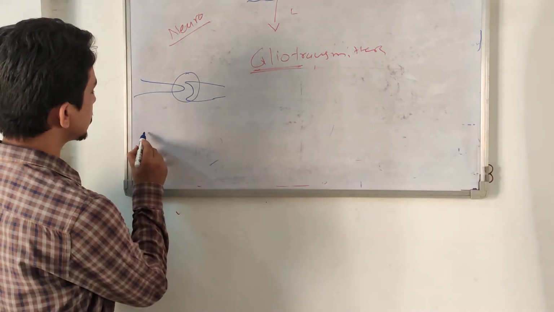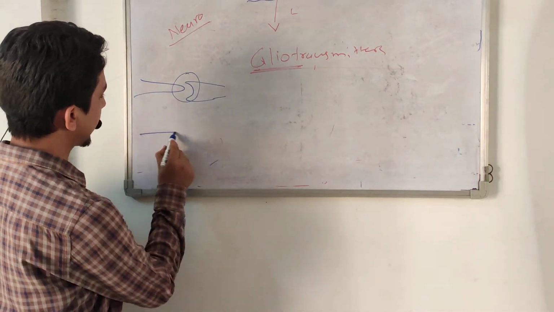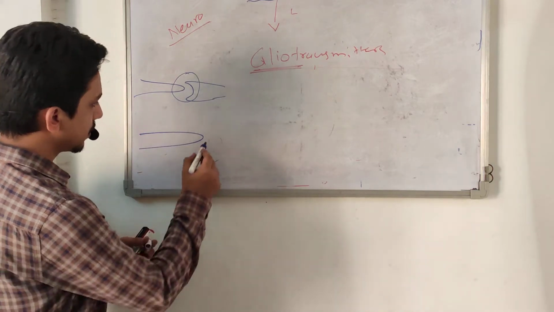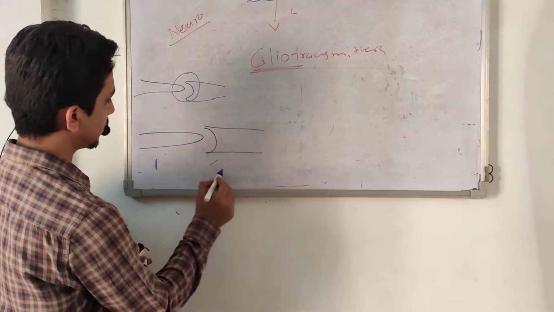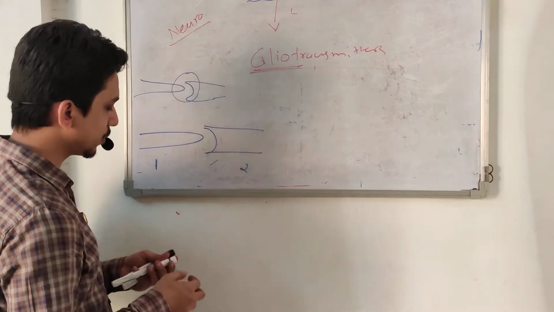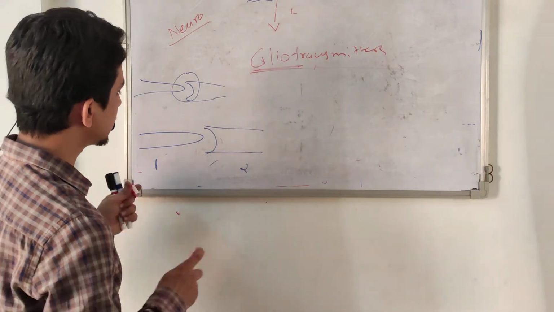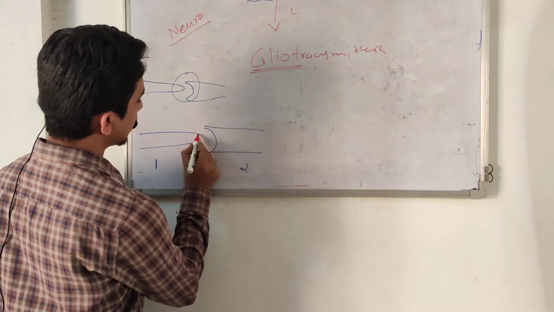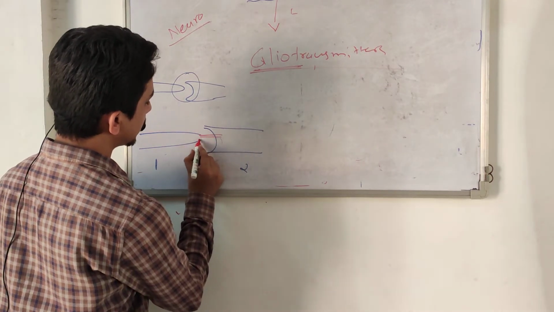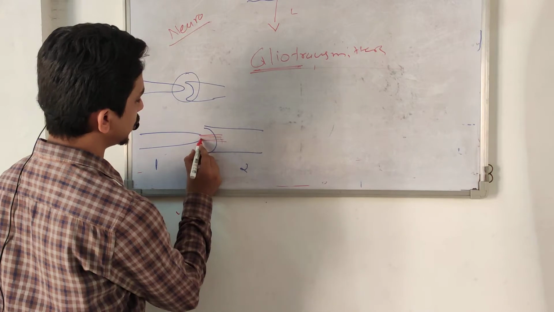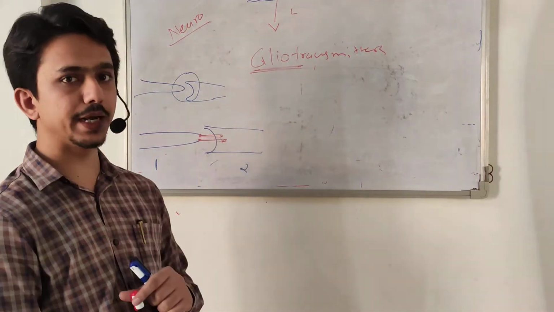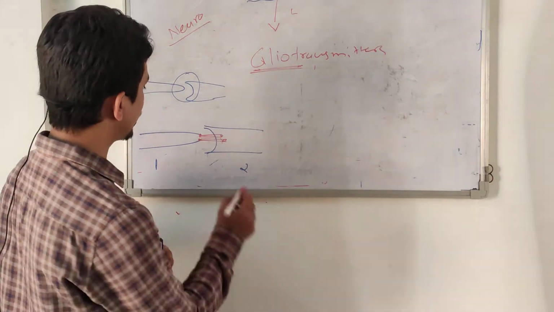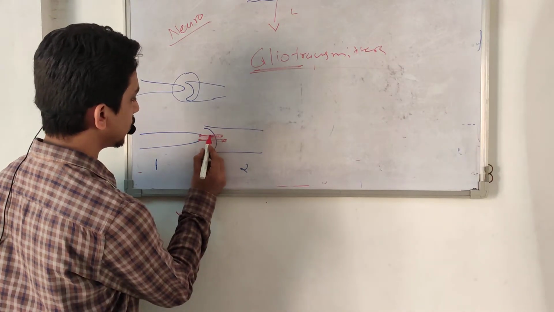But whenever there is no microscopic gap, this is one and two neurons. It's not neurons, it's neuroglia cells. Between them there are some tubular connections, a microtubule. This is called a connection, and this is filled with water.